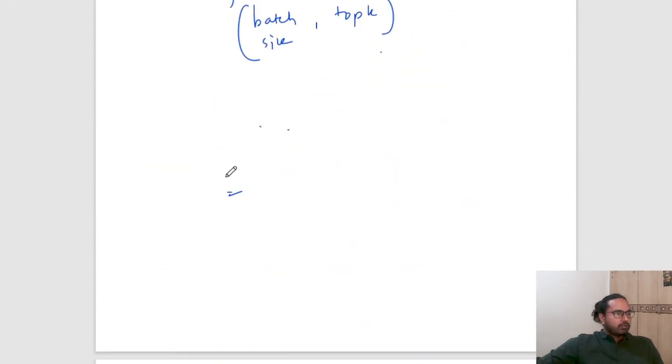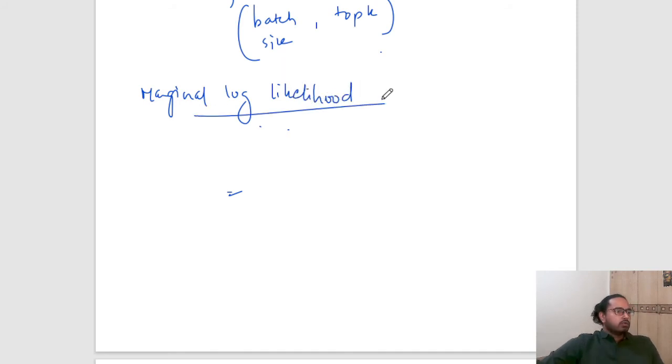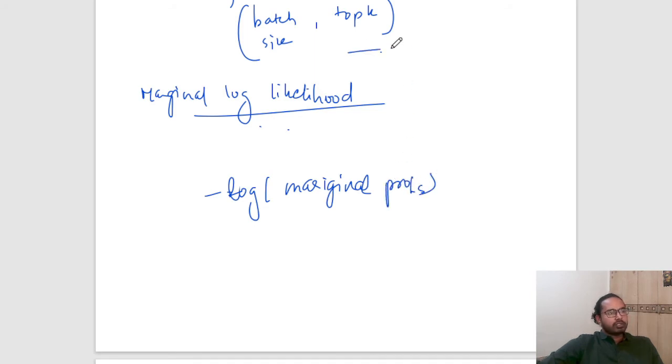As you remember, our cost function in the OpenQA setting, especially for the RAG sequence model, is marginal log likelihood, which is nothing but the negative log of marginal probability. And how do we get marginal probability? Here we'll have to sum over all the retrieved documents.